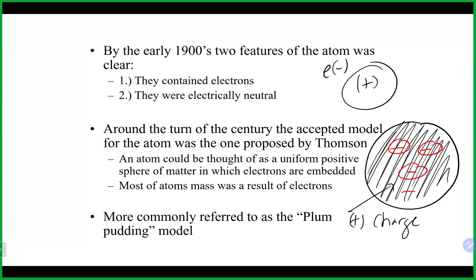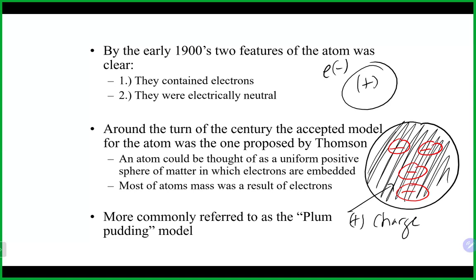So you have these electrons embedded inside. The atom was made up of these negatively charged electrons. This is what is sometimes referred to as the plum pudding model of the atom.